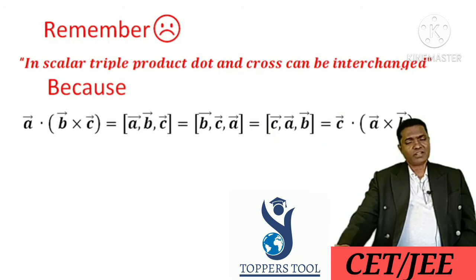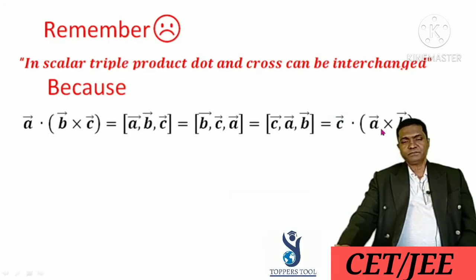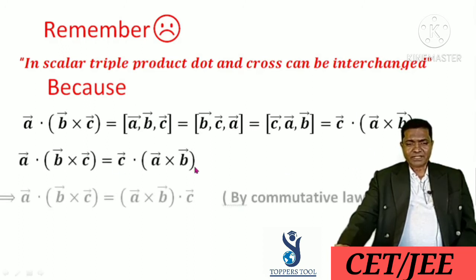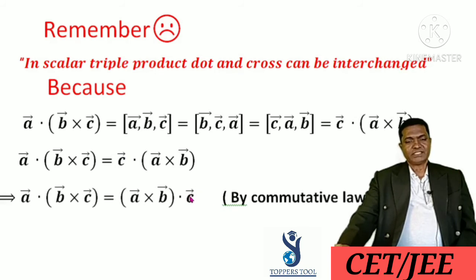Vector C dot A cross B. And as we know, dot product is commutative, which means you can interchange the vectors in the dot product. So you can write C here and vector A cross B here.